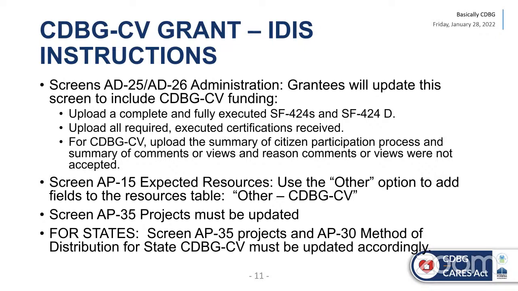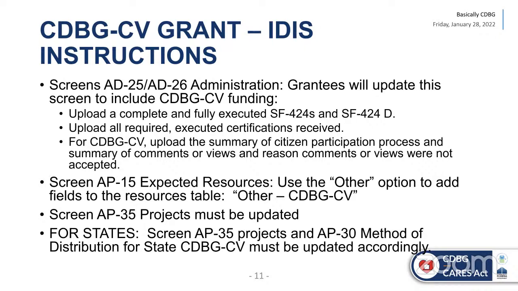So in the action plan, you will amend or update 3 screens. First one, the AP25 administration screen. You will upload SF424, SF424D, and all the certifications, the citizen participation process, all the comments you collected, and explain the reason why the comments were accepted or not accepted.